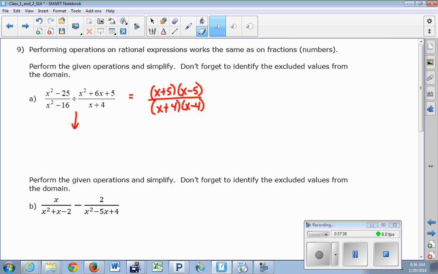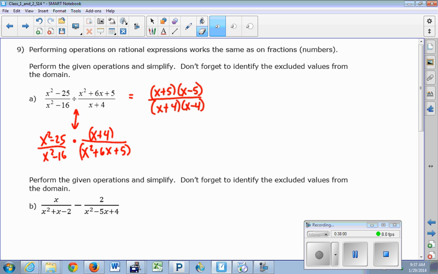Now, division can be written as multiplication. Division changes to multiplication by the reciprocal of the divisor, which is the expression you're dividing by. So this problem can be rewritten as this multiplication problem.